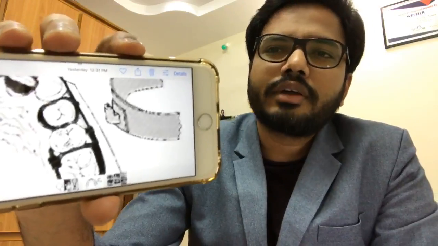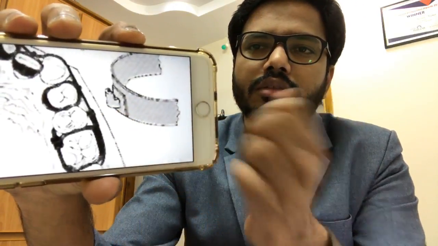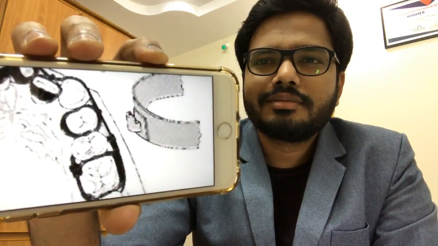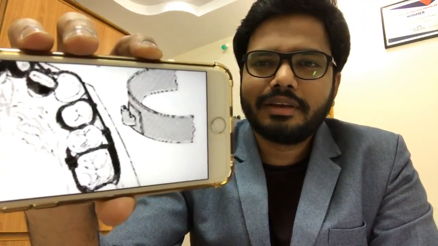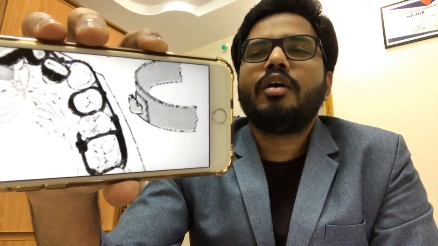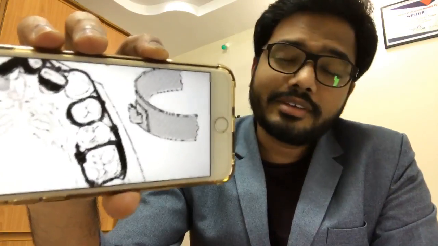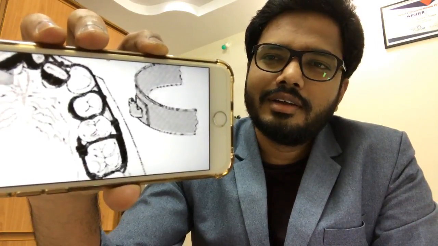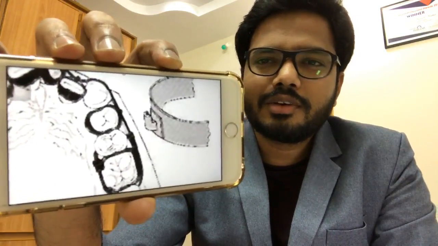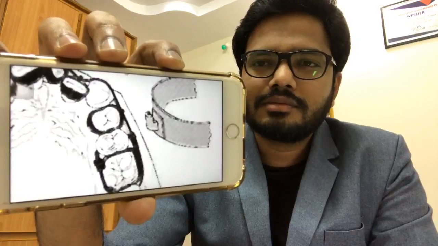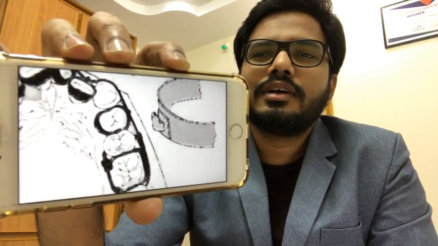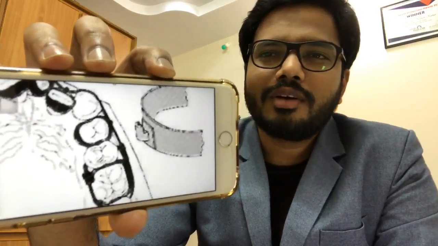Okay. So what does the image represent? Let me give you options then. Archwire, or edgewise appliance, or bexaplanes, or none of the above. So what does the following image represent?